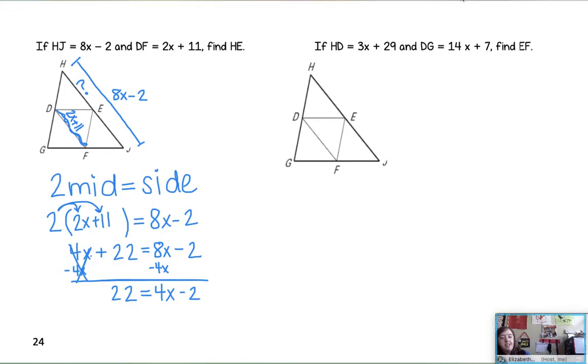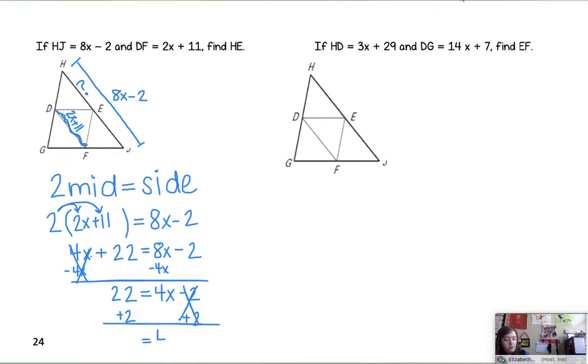And then exactly right, to bring that other 2 over, we will add 2 on both sides. So those add to 0.